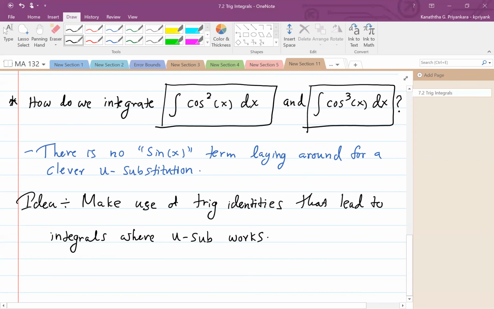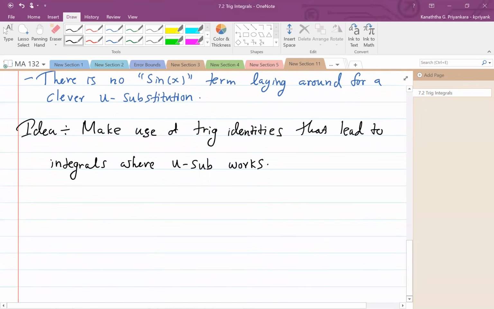We can use the following trig identities according to the given problem. Then you can use the u substitution and get the answer. So we have the following identities.